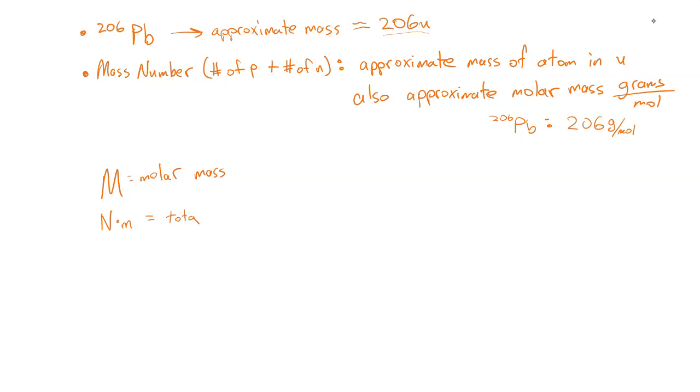That's the total mass of a sample, where capital N equals the number of particles and little m equals the mass of each particle.